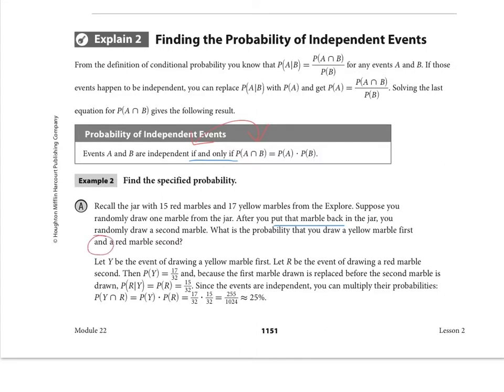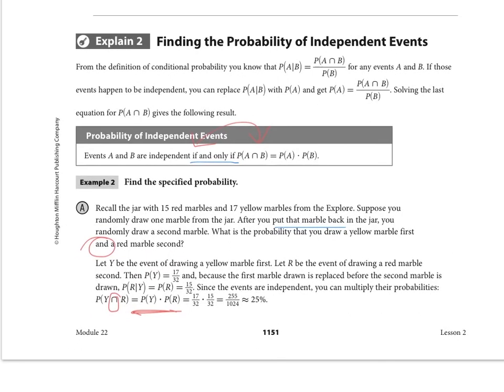Circle that word "and" again and connect that to the intersect symbol. The probability of the yellow and then the red occurring is just simply the product of the two pieces together. So we have 255 out of 1024, and we can get that as a percent by working through a division on our calculator, and we get roughly 25%.